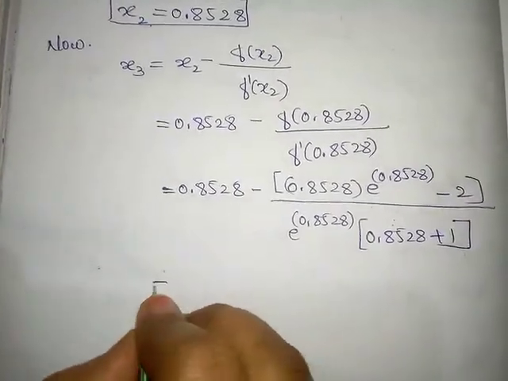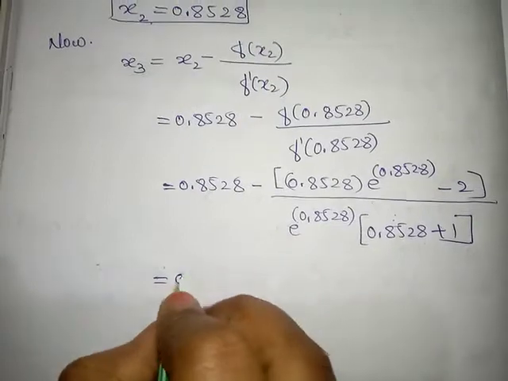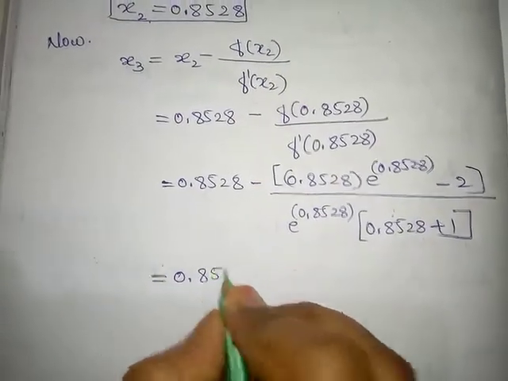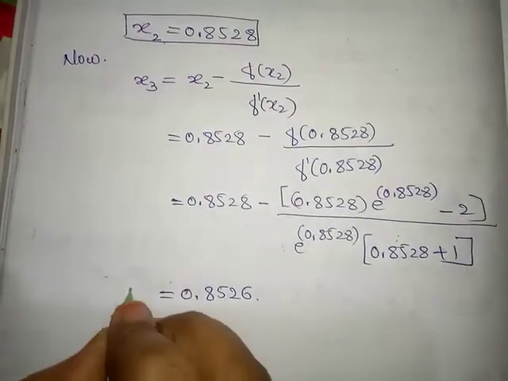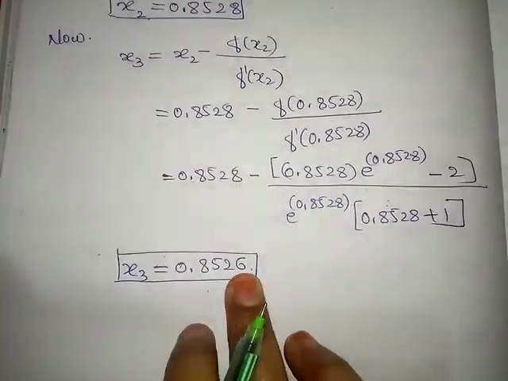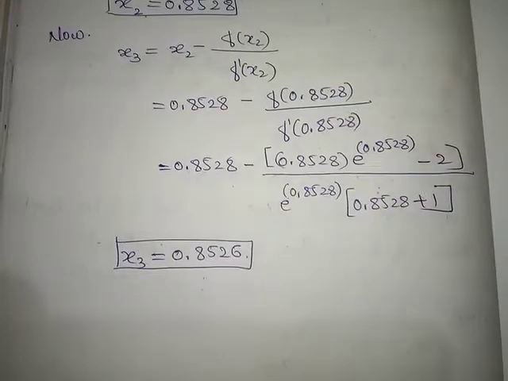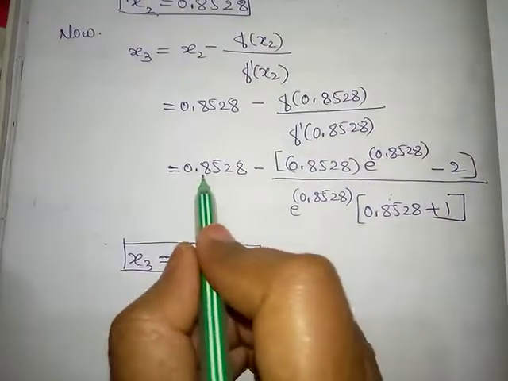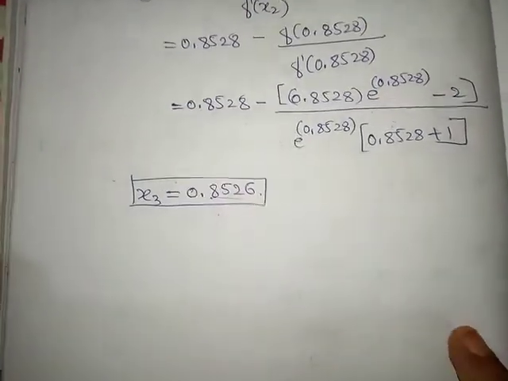After the calculation we get 0.8526. x3 is equal to 0.8526 and x2 is 0.8528. See, up to 3 decimal places both are the same.